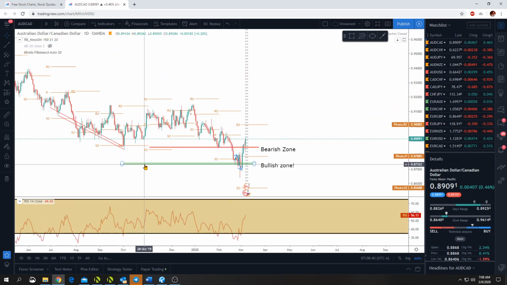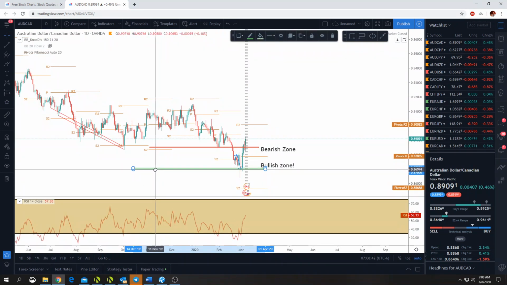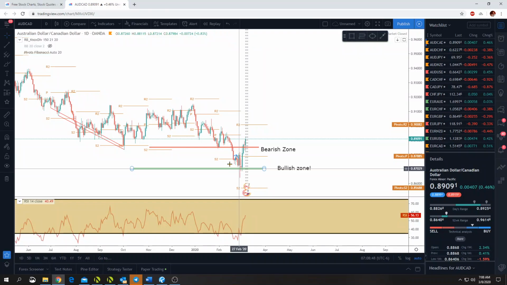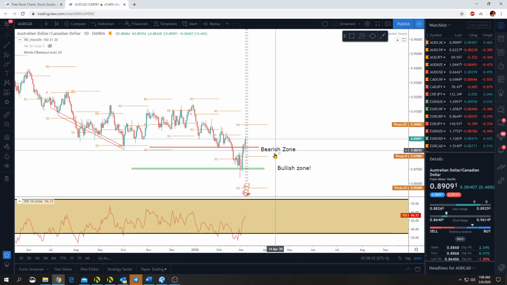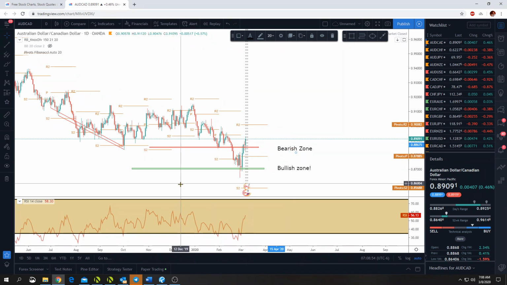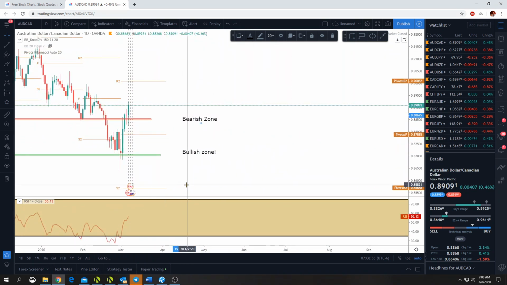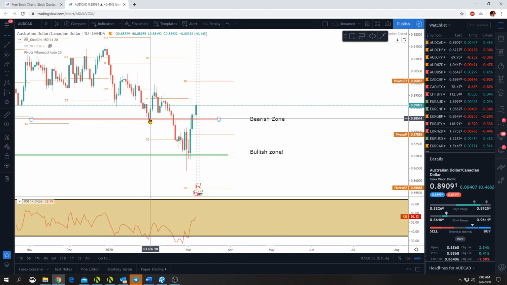So where are we? Let's put our bullish area. If price gets back down to here, we're going to want to look. Let's get rid of some of this old noise here. And price blew through this bearish move zone that we had identified here, this former support.